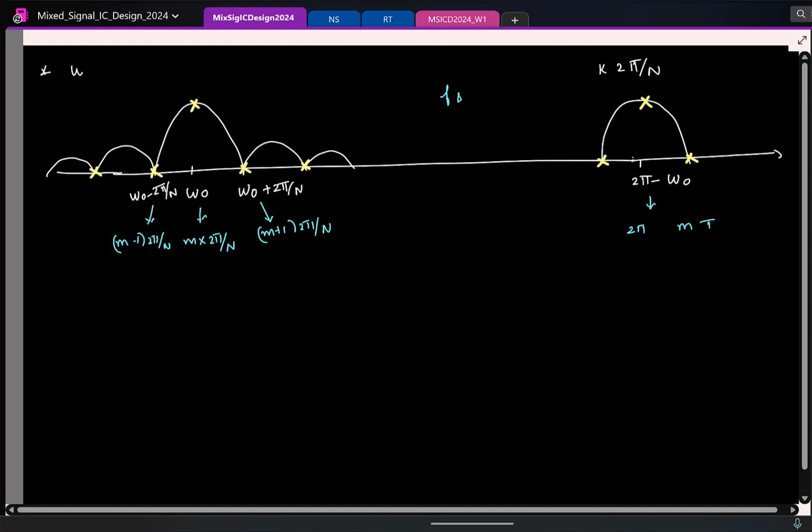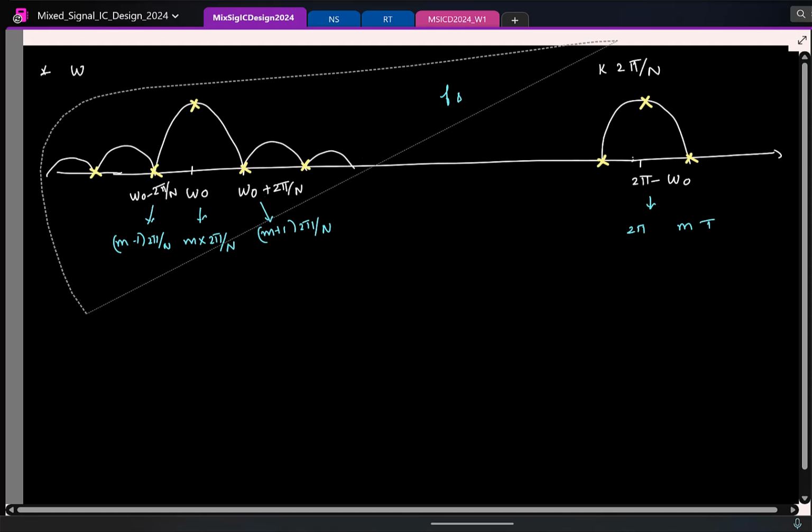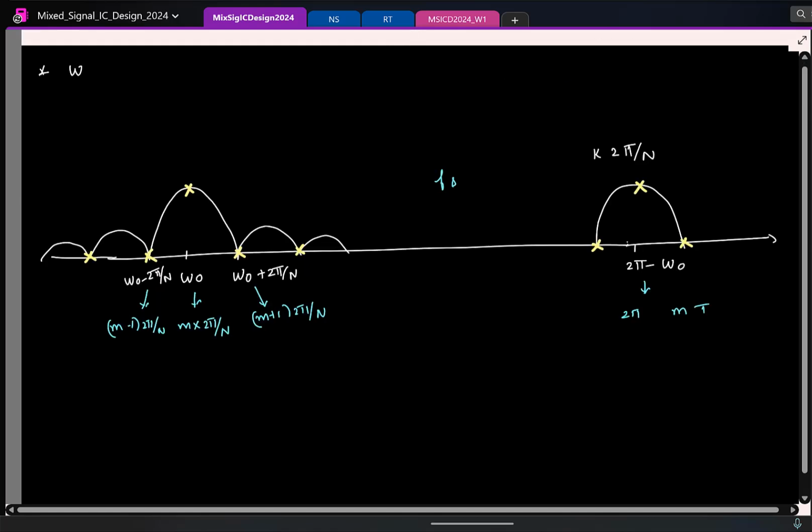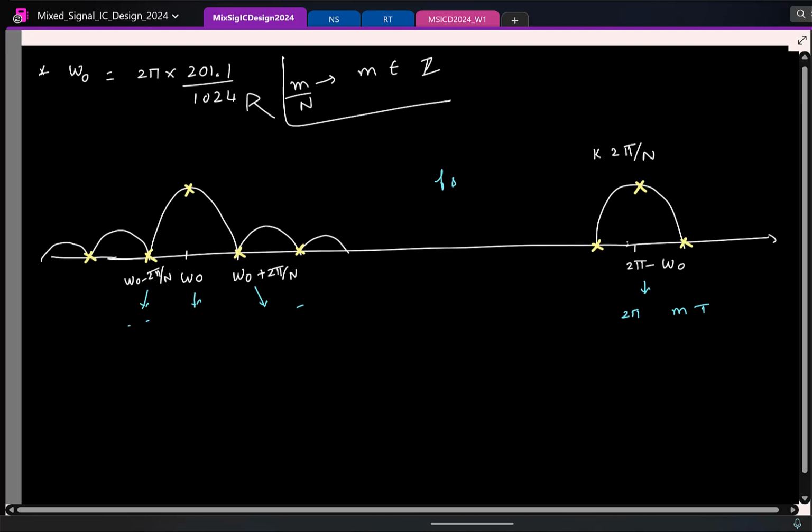Let us say I choose my omega naught to be something like 201.1 by 1024. It is not of the form m by n, where m is an integer. This is not what I want, but I am choosing it otherwise. So let's quickly look at these values.